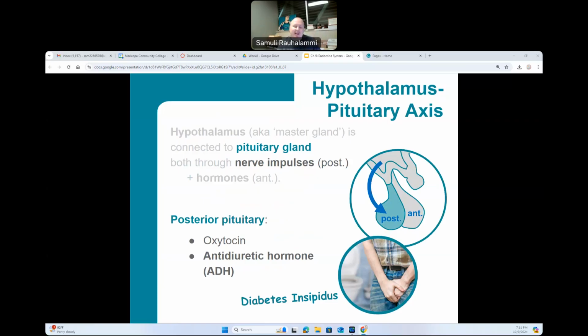This is an interesting mechanism because the process of birth and lactation are positive feedback mechanisms. Once the baby starts to come out, that triggers even more contraction of the uterine wall in response to the stretch of the uterine wall. So it has this additive effect, and that's why it is positive feedback.